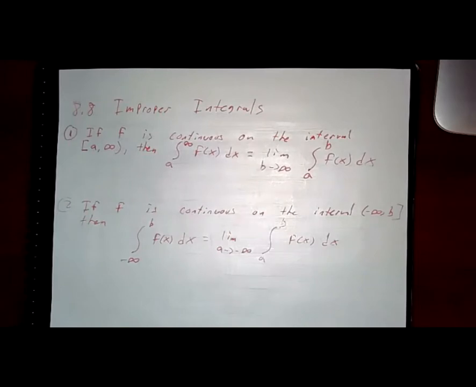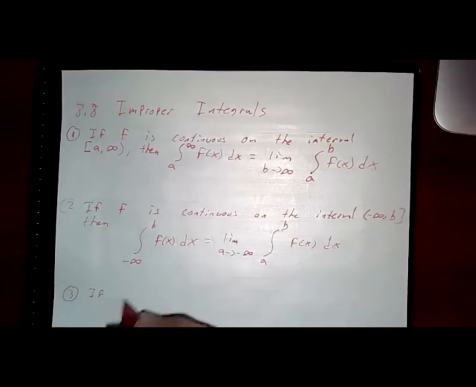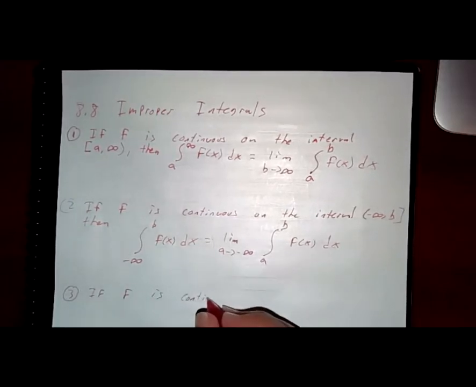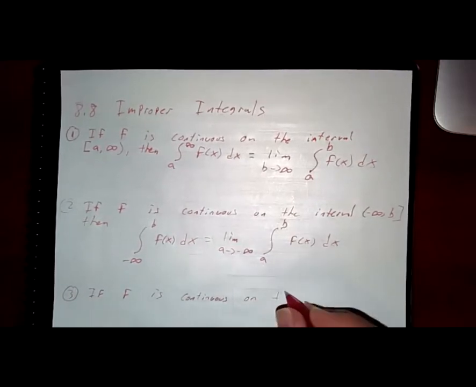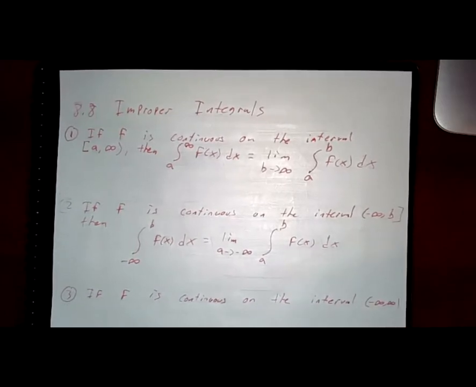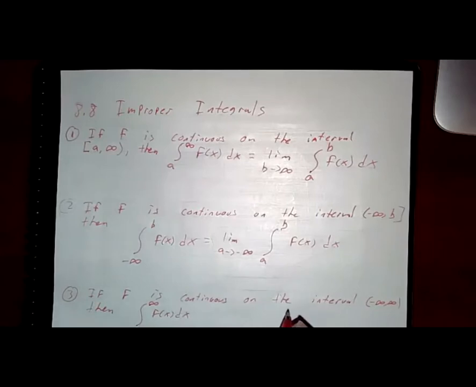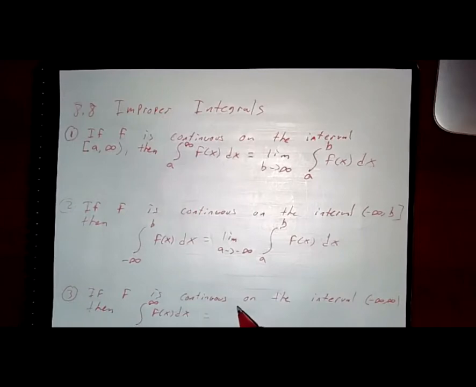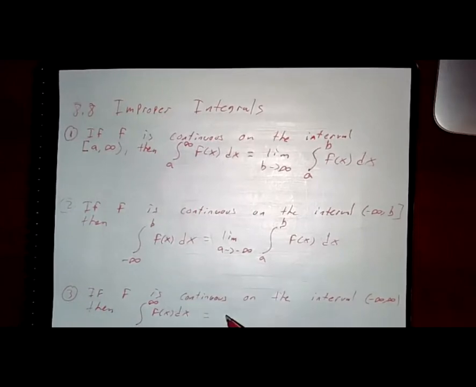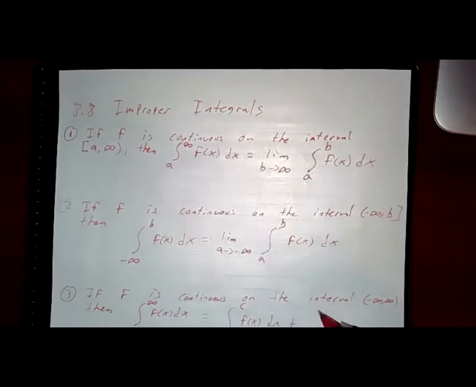Now, if you have an integral that's going to infinity in both directions, negative and positive, so if f is continuous on the interval negative infinity to infinity, then you will have to rewrite it this way: negative infinity to some number c, and then you add the rest of the integral from c to infinity.